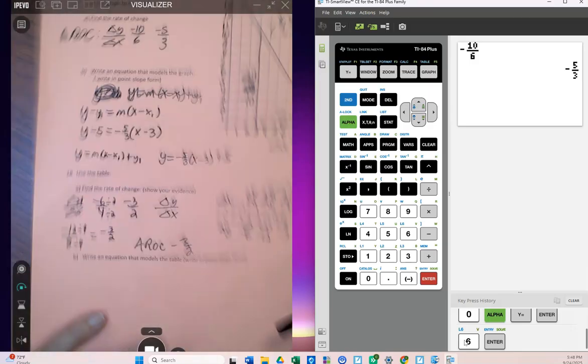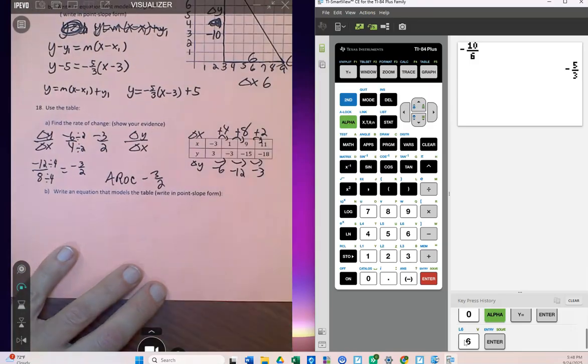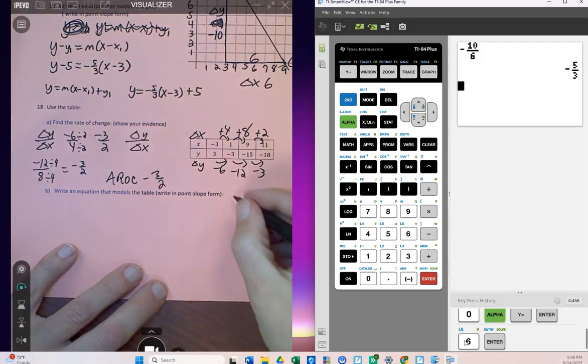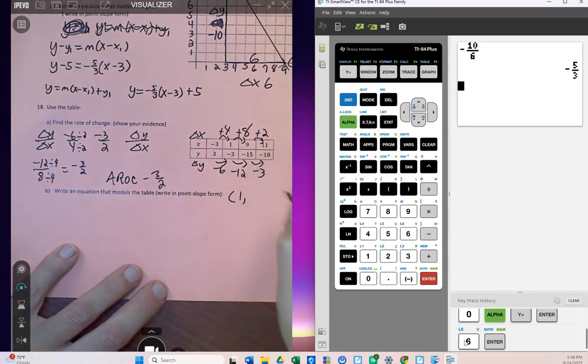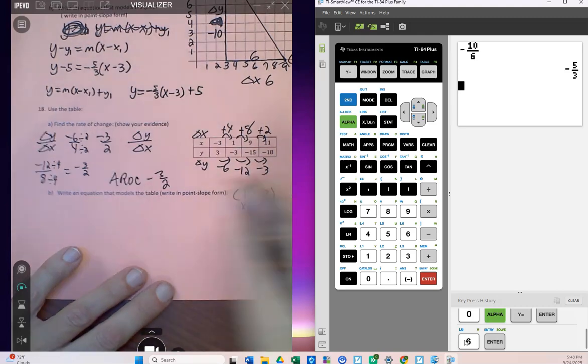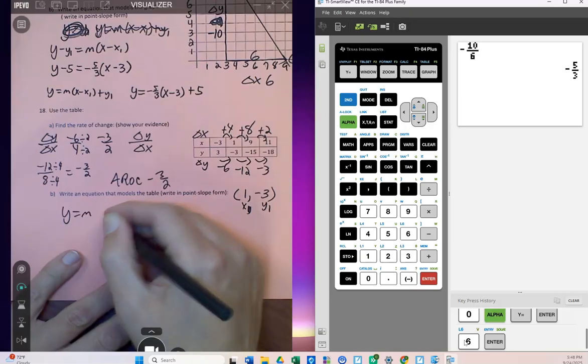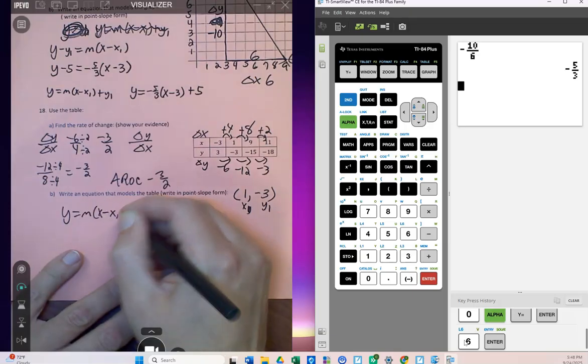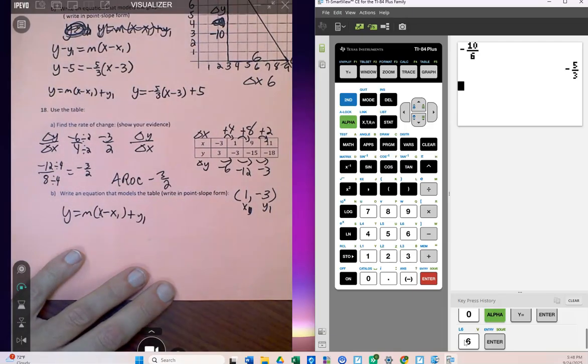Okay. Which ordered pair do you pick? Dealer's choice. X1, Y1. Alright, let's do it this way. Let's try it that way instead.